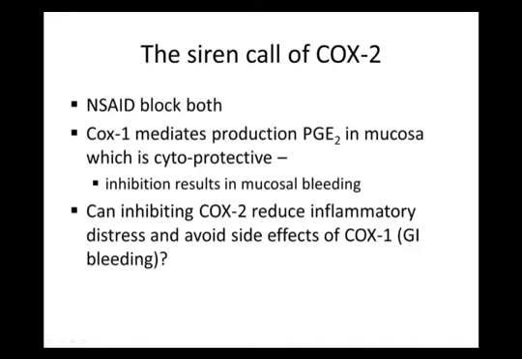That's a side effect we don't want. So we thought, well, let's inhibit COX-2, and we'll reduce the inflammatory distress because that's the one that's inducible, remember? And we can avoid all the side effects of GI bleeding that are mediated by COX-1. So logically, that made sense back in the day.